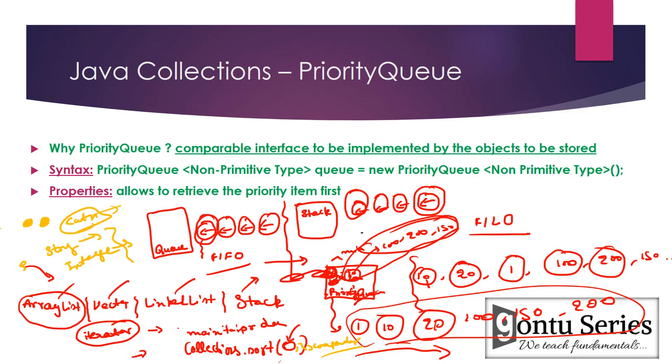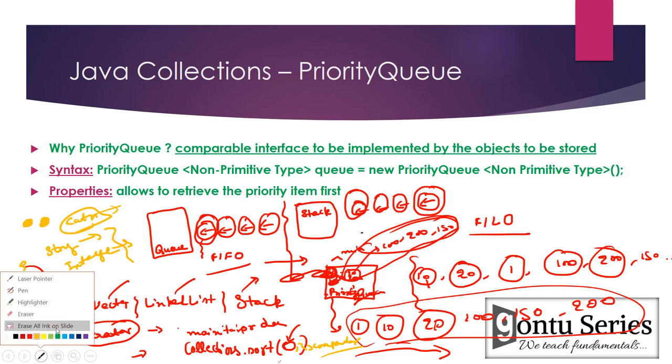But in case of other non-primitive types like String, Integer, Long, or any other type, you are not required to bother, because in any of those classes the JDK has already implemented the Comparable interface. So the JDK is going to make use of that Comparable interface to compare String objects or Integer objects or any other type of objects to sort them in ascending order.